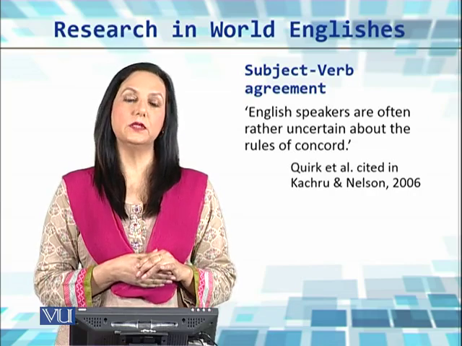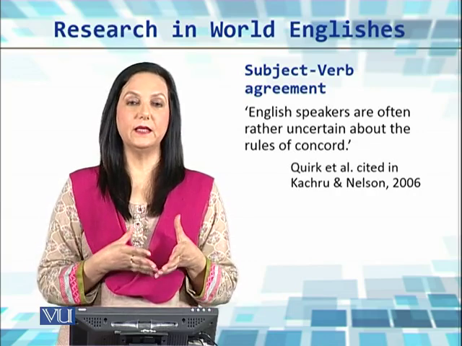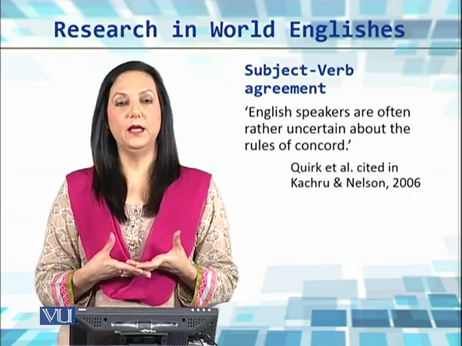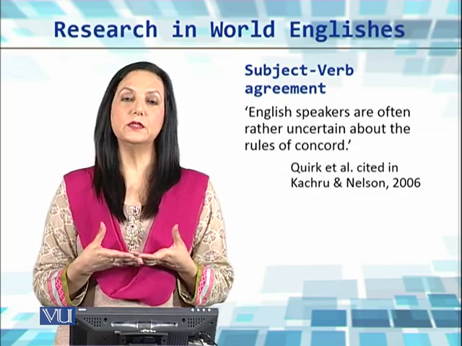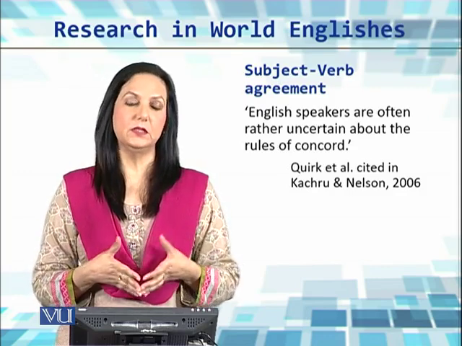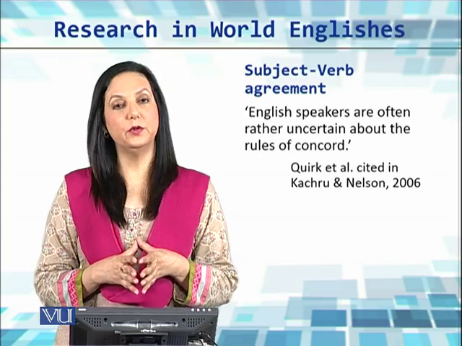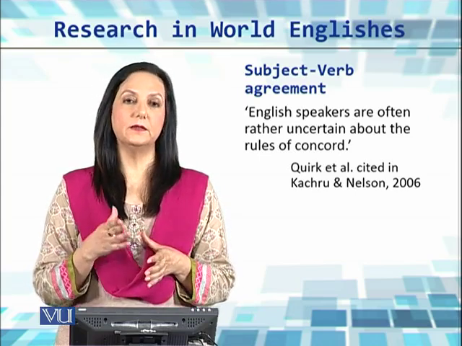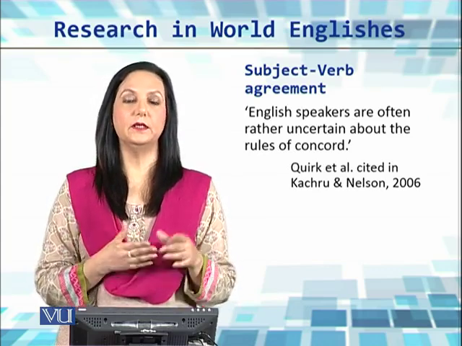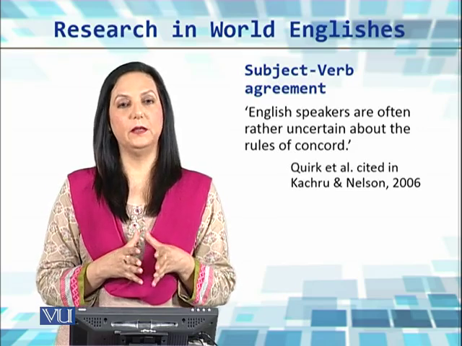The confusion is caused by, one, that there are so many rules, and then there are as many exceptions. And there are not only rules, there are also subparts of each rule. So because of all these reasons, speakers of English are never sure about their selection of a particular rule or their judgments about the grammaticality of their sentences or the language that they are using.